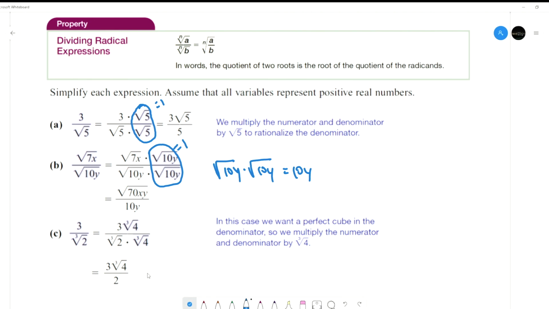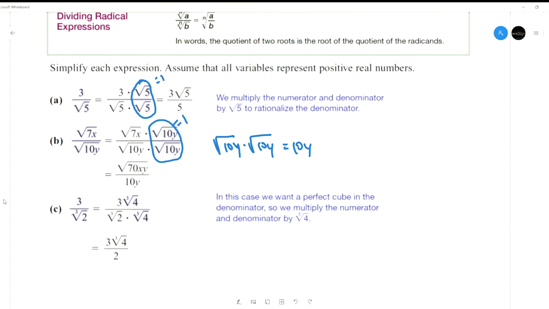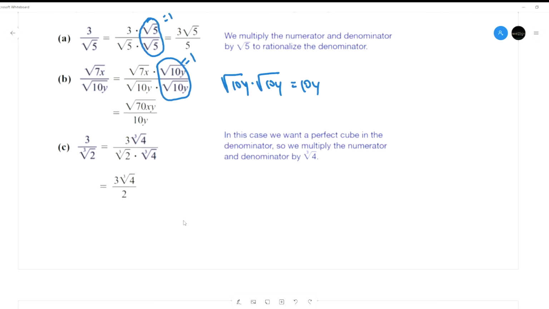For the cube roots, you're going to have to think a little bit. You have to remember what cubes are, right? So notice for the square root, you only need it written twice, multiplied by itself. There has to be 10y times 10y, right? And then the square root cancels out with the square.